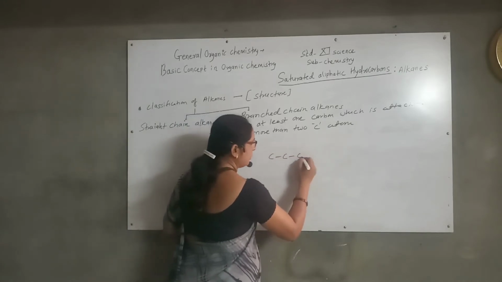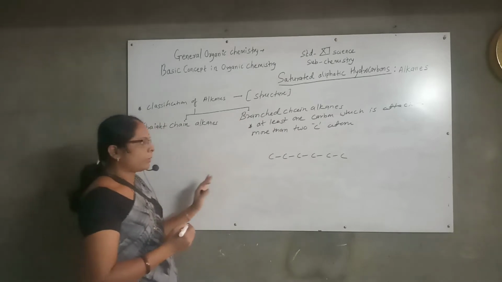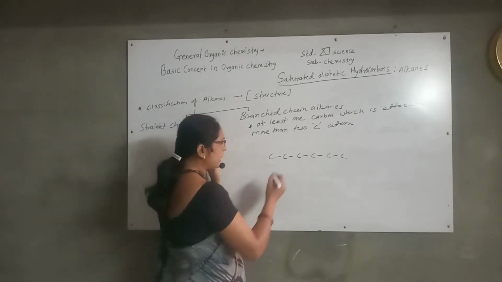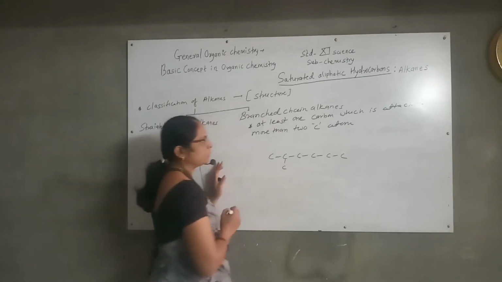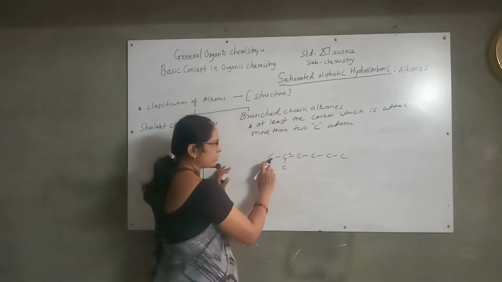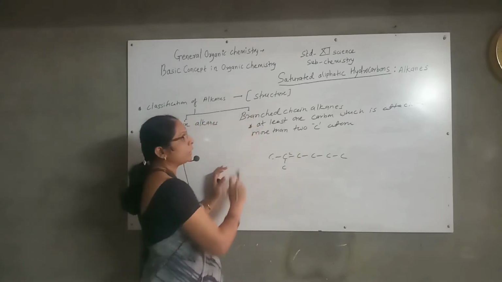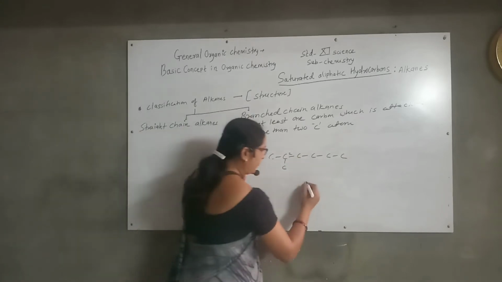In the last example, we considered a continuous chain of carbon atoms. Here, there is at least one carbon which is attached to more than 2 carbon. Suppose I consider the carbon on the second position which is attached to 1, 2, 3. So this will fulfill the condition of a branched chain alkane.